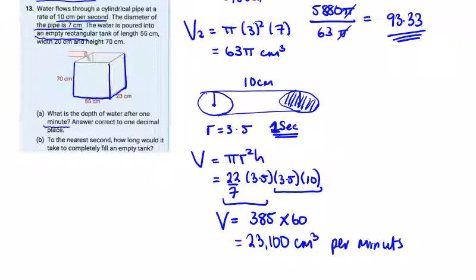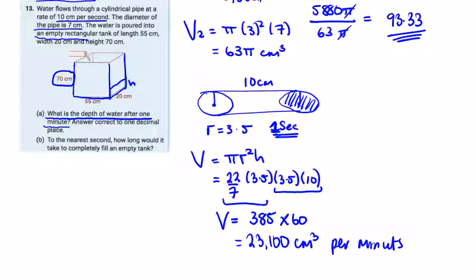Actually, that's part A, isn't it? Where we just got the flow so far. Look here, what is the depth of the water after 1 minute? Well, we don't know this H here. So what we don't know is this 70 part. It's definitely going to be 55 by 20.